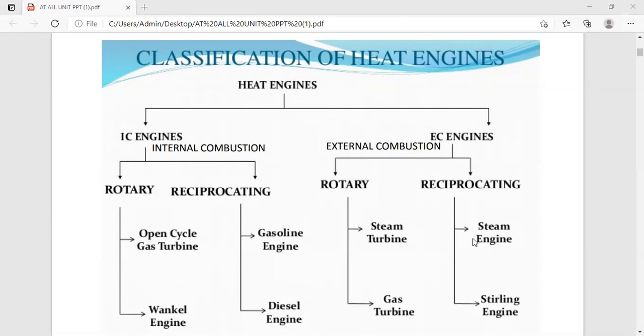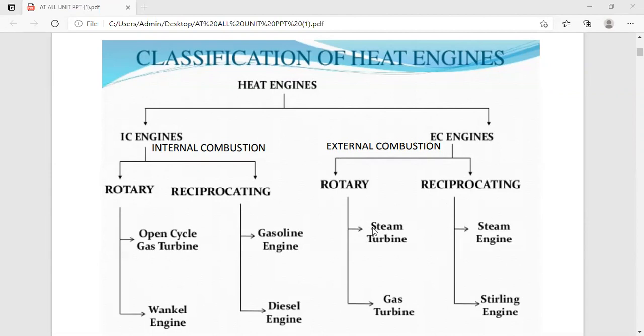Now, in external combustion engines such as the steam engine or steam turbine power plant, the heat of combustion is employed to generate steam, which is used in the piston engine, a reciprocating type of engine.